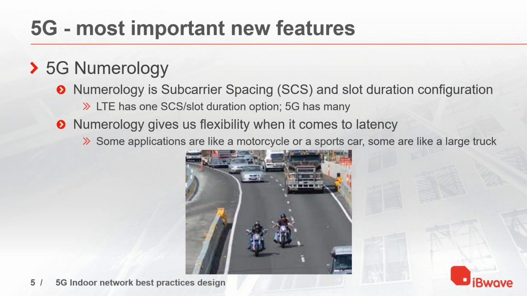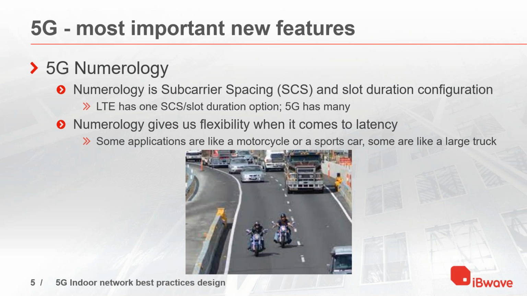Okay, so LTE, if you look into it from that point of view, has only one option for numerology, and that is because for the subcarrier spacing and slot duration there is only one, which is a subcarrier spacing of 15 kilohertz. And 5G has many. So why do we have to have that? Well, numerology gives us flexibility when it comes to latency.